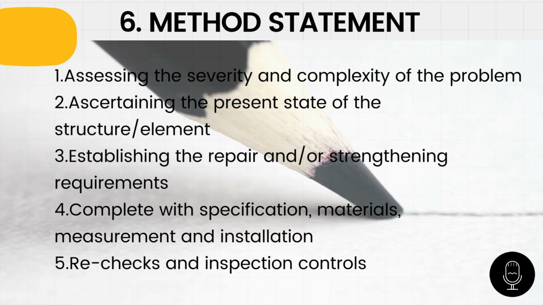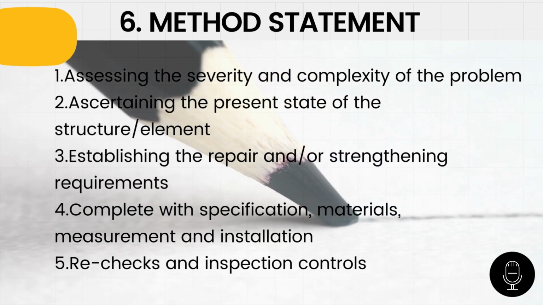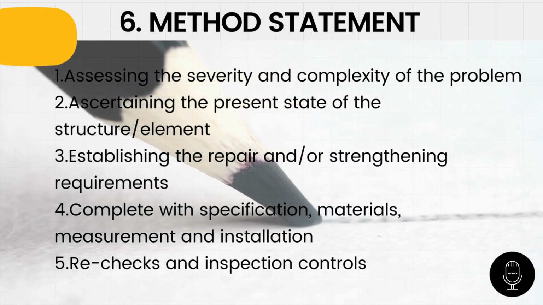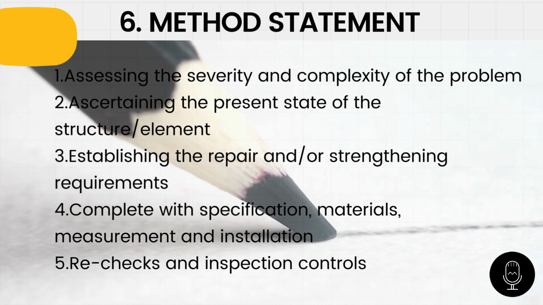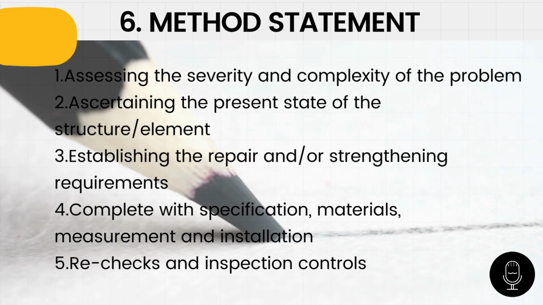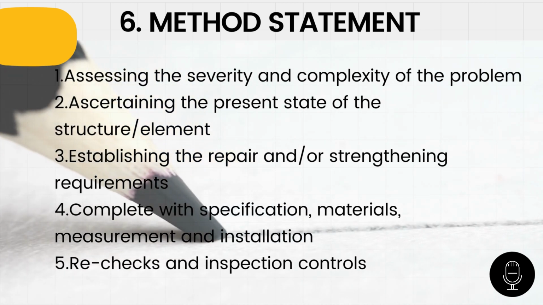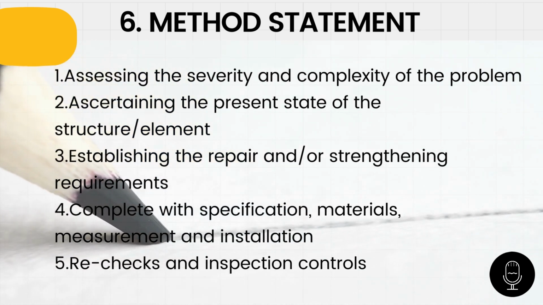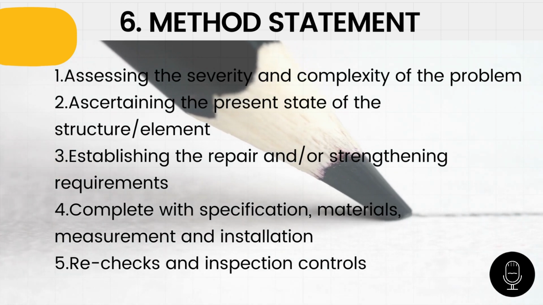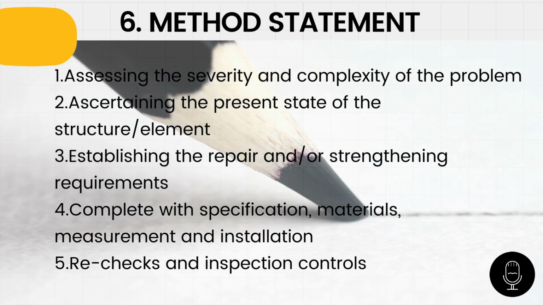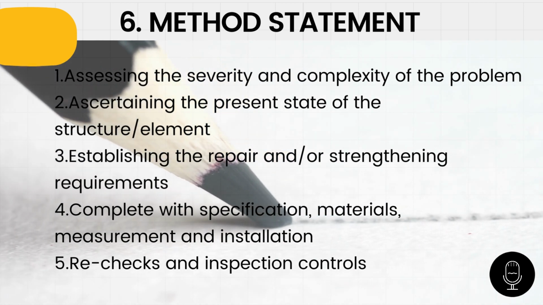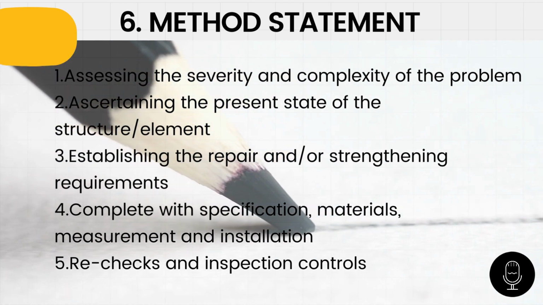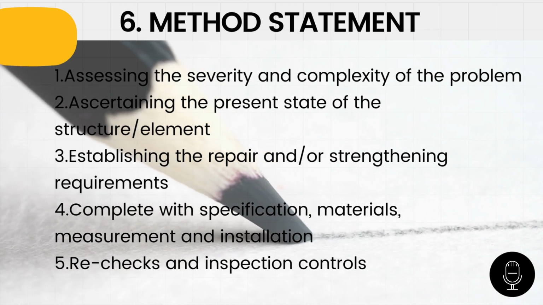Method statement. The primary purpose of a method statement for remedial works is to outline the corrective procedures. It applies to all building works in compliance with all the required specifications, standards, and proper construction procedures. First, assessing the severity and complexity of the problem.